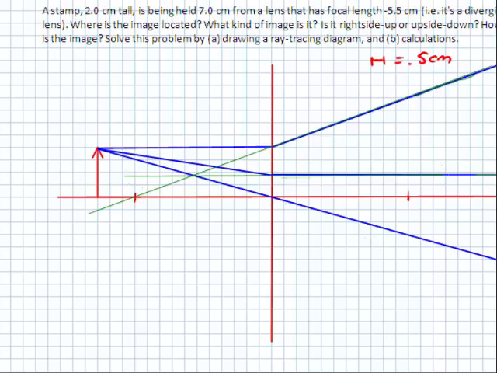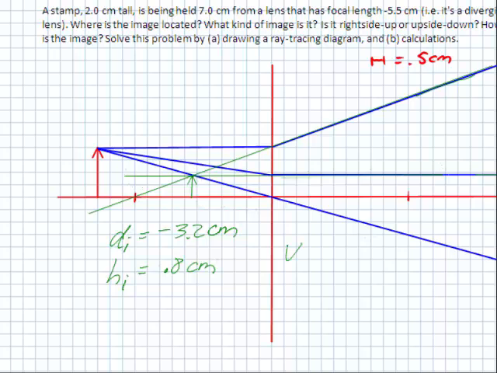So our image is located right there. And that is 1 centimeter, 2 centimeters, 3 centimeters. I'm going to call that about 3.2 centimeters to the left of the lens. And the height of that image looks to me like about 0.8 centimeters or 8 millimeters.